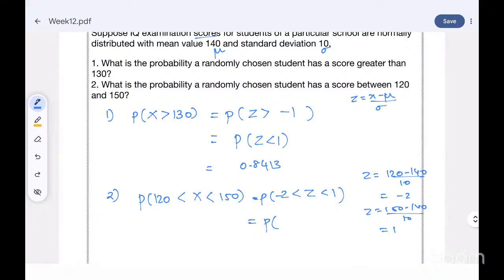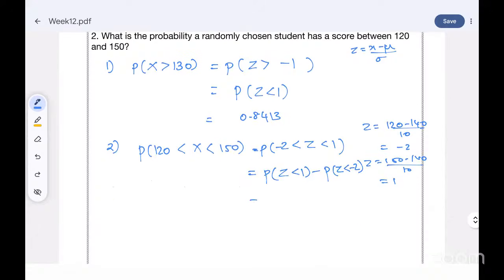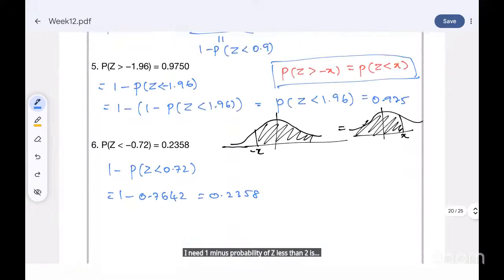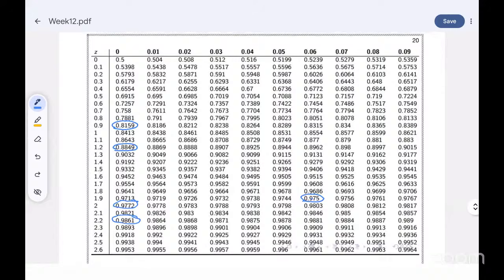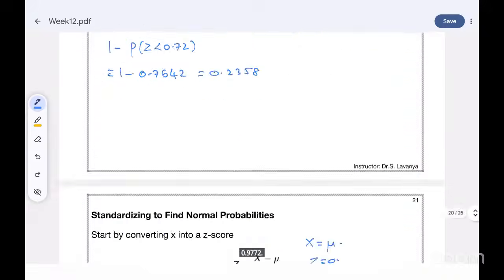So the probability of Z less than 1 minus the probability of Z less than minus 2. Now this is the probability of Z less than 1 minus, 1 minus the probability of Z less than 2. So this is 0.8413, and the probability of Z less than 2 is 0.9772.